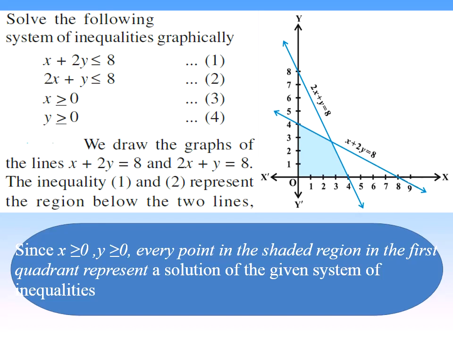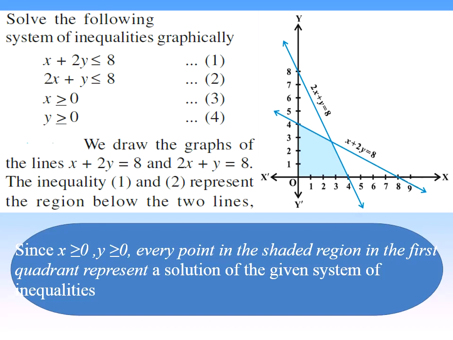Now if I consider the second condition, 2x plus y less than or equal to 8, and put the value of the origin, that is (0, 0), you can easily calculate that 0 is less than or equal to 8. So it also satisfies this condition. So we need to consider the lower half plane, not the upper half plane.